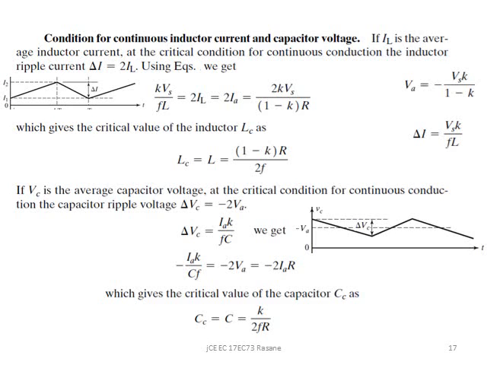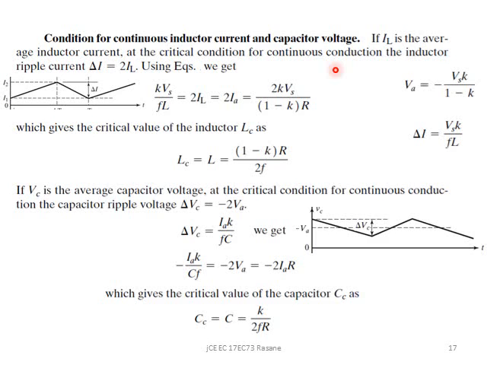If IL is the average inductor current that is flowing at the critical condition for continuous conduction of the inductor current, then I can say that delta IL is nothing but 2 times IL, right? Because IL becomes equal to delta I upon 2, where delta IL is I2 minus I1. So delta I becomes equal to 2 times IL. I have explained this earlier also.